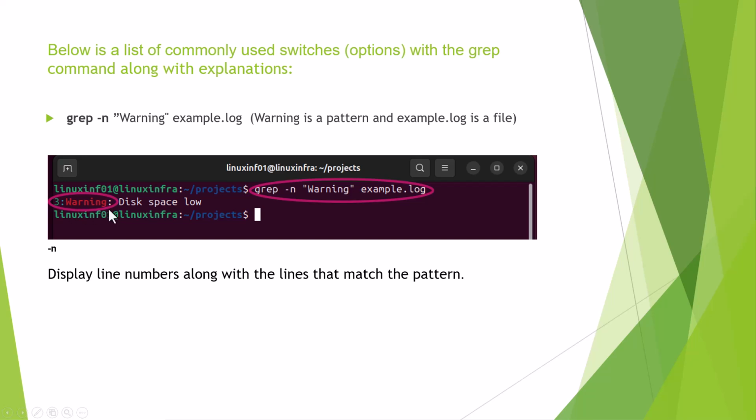This is the complete line given over here. So line number 3 is written over here because I used the -n switch. So this displays line numbers along with the lines that match the pattern.